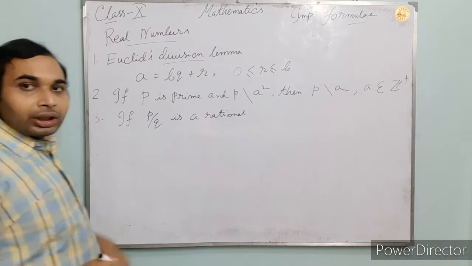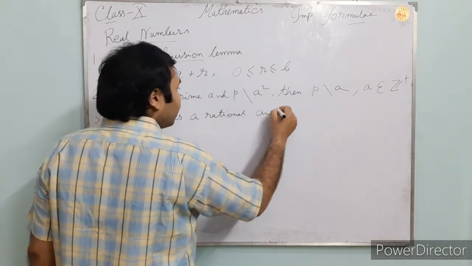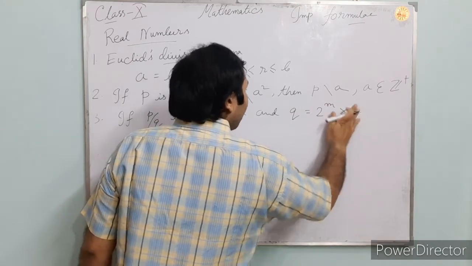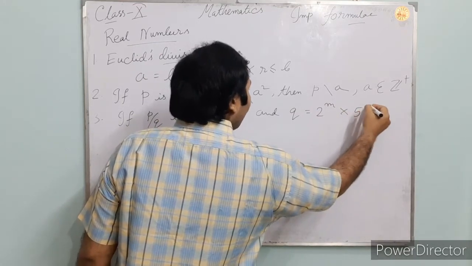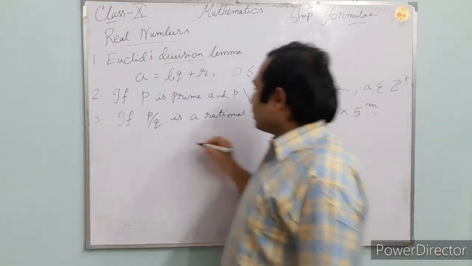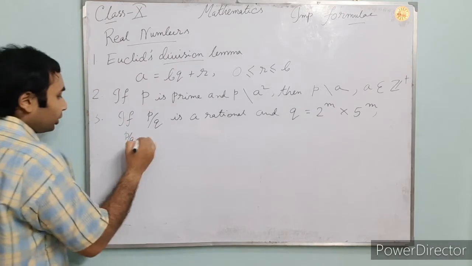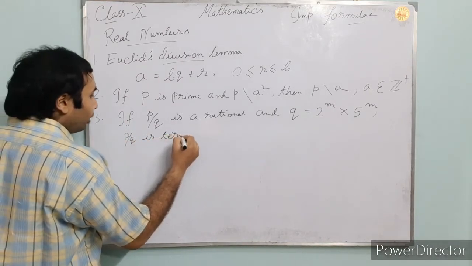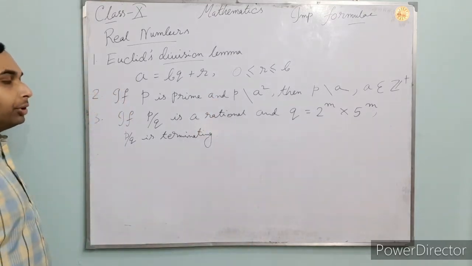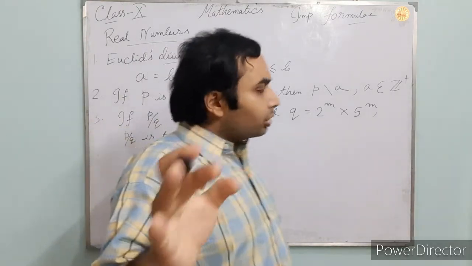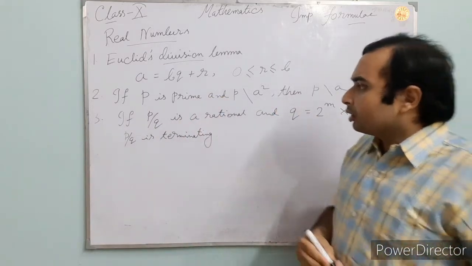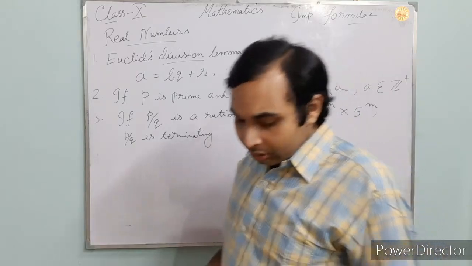If p by q is a rational number and q can be expressed as the multiplication of factors of 2 and 5 only, then we can say p by q is a terminating decimal, otherwise it will be non-terminating. All of those discussions are there. Whenever we do this chapter, you can find the applications of those results.